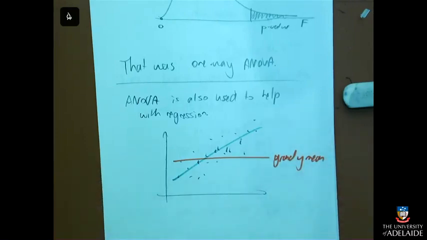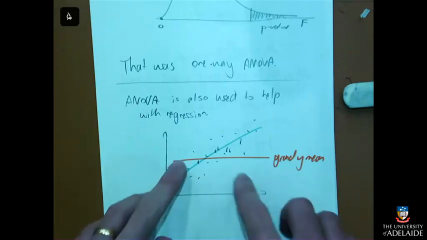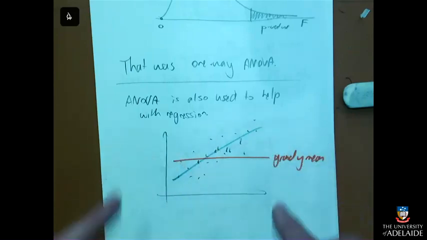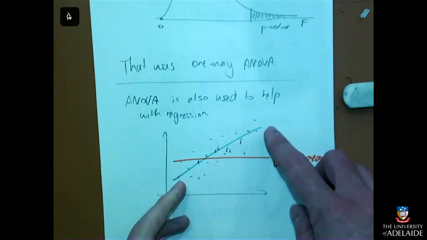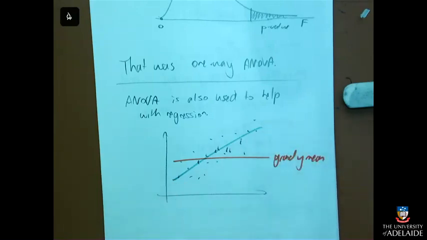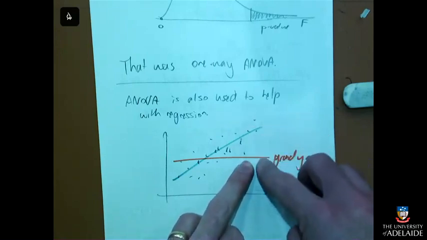So what you can do is exactly the same thing that you did with the ANOVA, to calculate how much variation there is if you take into account that there's a line of best fit. And so you can say, how far is everything from the grand mean? That's the total amount of variation. And then you can say, how far is everything from the regression line? That's the error, the residuals.